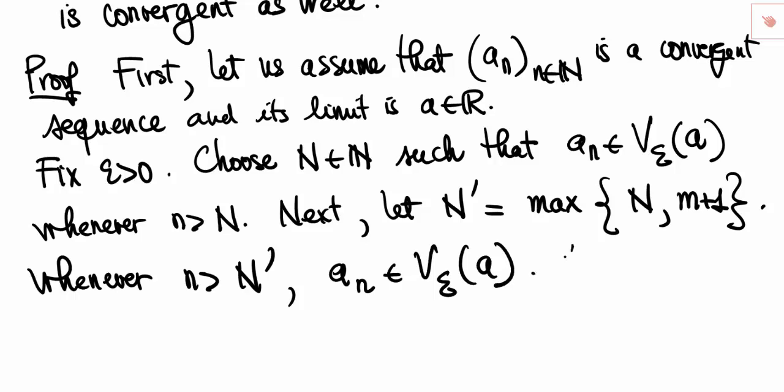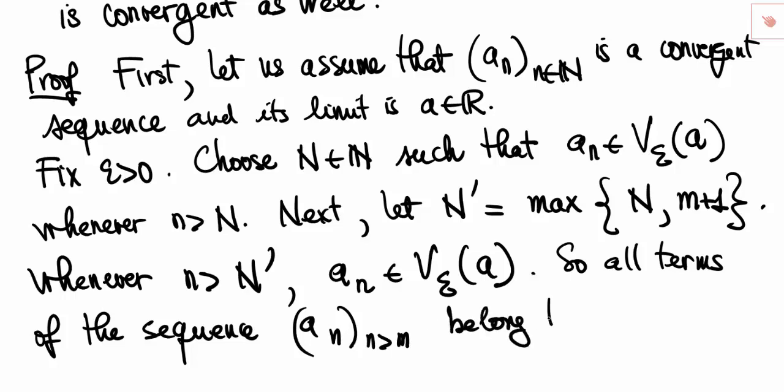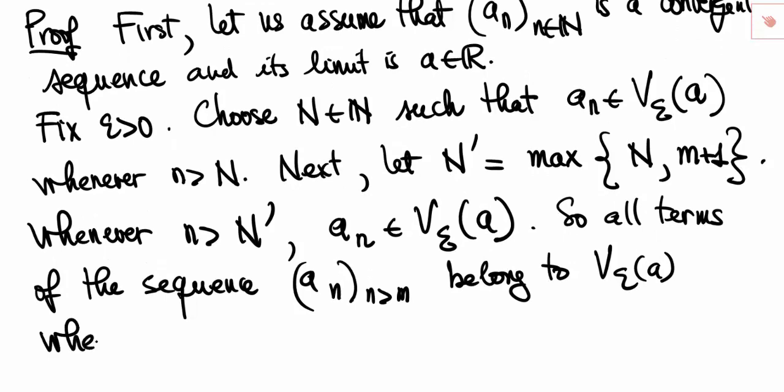Okay, so all terms of the M-tail sequence belong to an epsilon neighborhood of a whenever little n is bigger than N prime.